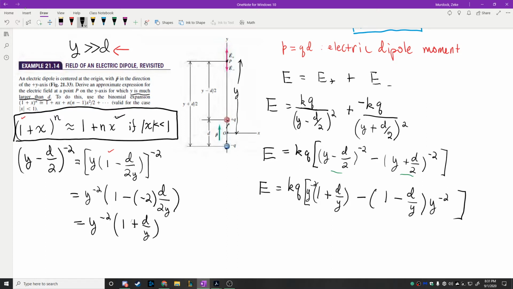The (y - d/2)^-2 became 1 plus d over y; this one is going to become 1 minus d over y. You guys have any questions?